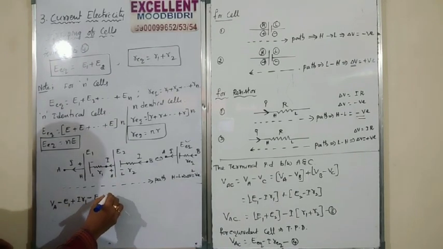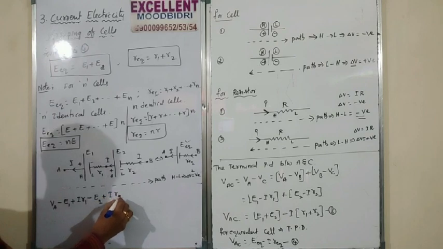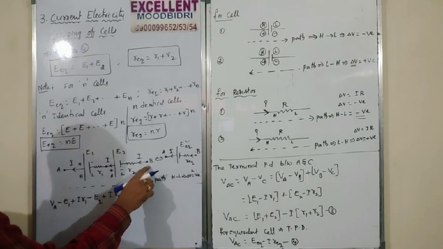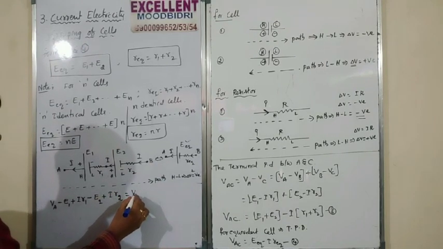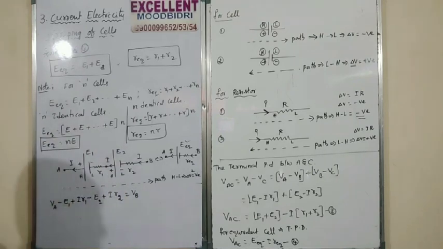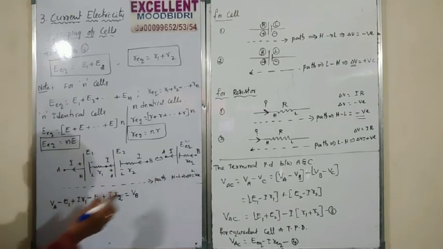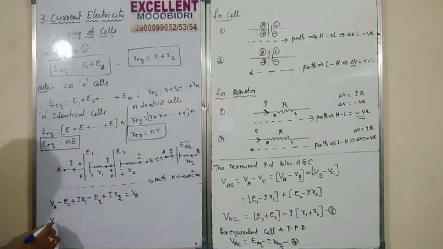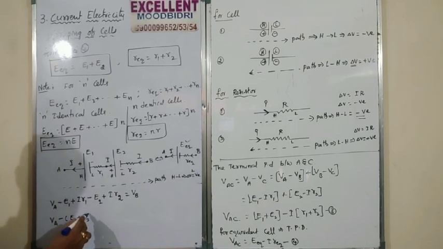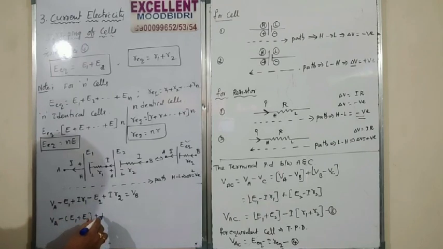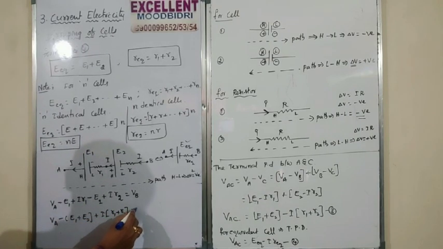I into R2 is equal to, at this point, potential is VB. Now take this VB to that side. Therefore, VA, here take minus common, so E1 plus E2 and plus I, R1 plus R2 is equal to VB.